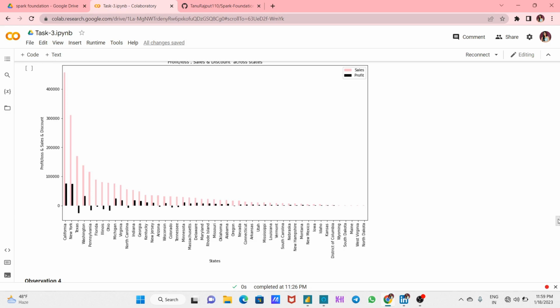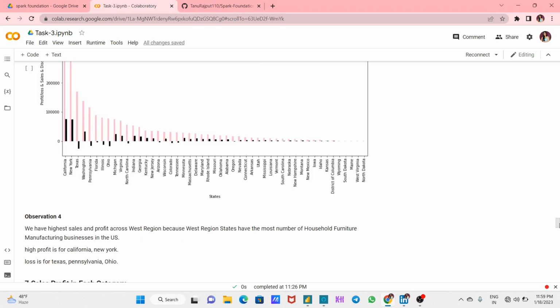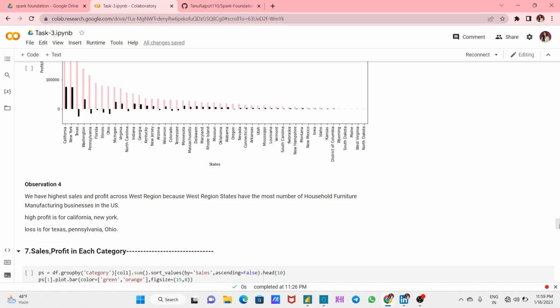So we have to find out the reason why we have loss in these states and why the sales are lesser here. So high profit is for California and loss is for Texas, Pennsylvania and Ohio.